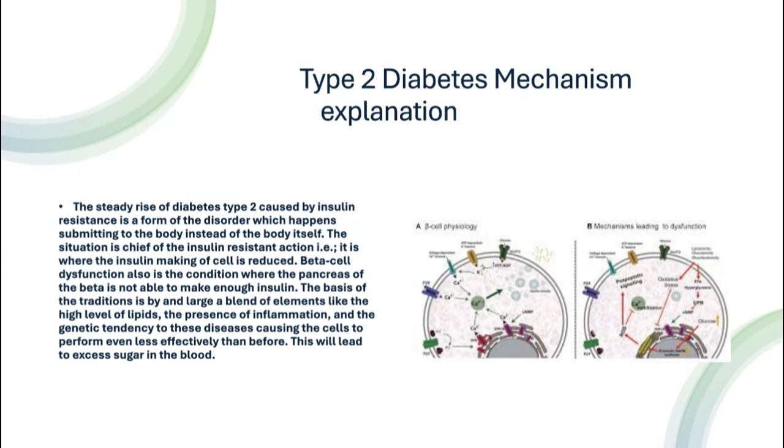Sugar builds up in the blood. This is what leads to high blood glucose levels, which are the main characteristic of type 2 diabetes. The diagram on the right shows how normal beta cells work compared to how dysfunction happens during insulin resistance in type 2 diabetes.